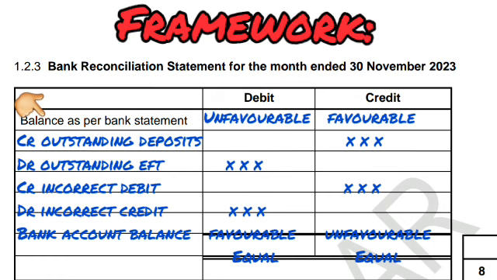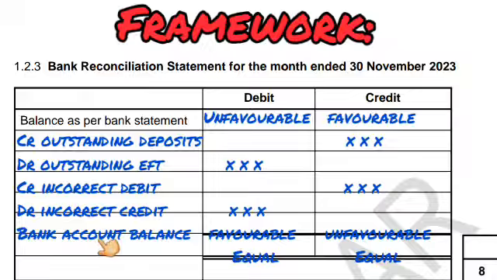The first thing being, I need to know that this balance as per bank statement, is it favorable or unfavorable? I need to be able to identify it. It's going to be unfavorable if it's on the debit side, meaning it's a minus amount, or favorable if it's on the credit side, meaning it's a positive amount, because this is a bank statement, not to be confused with a bank account, which we just did.